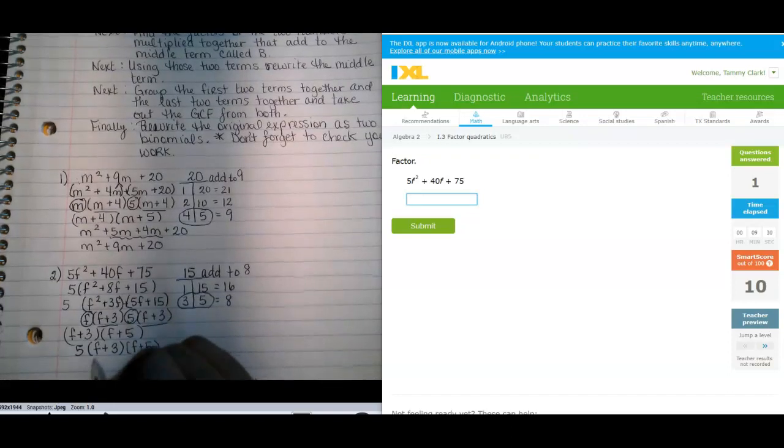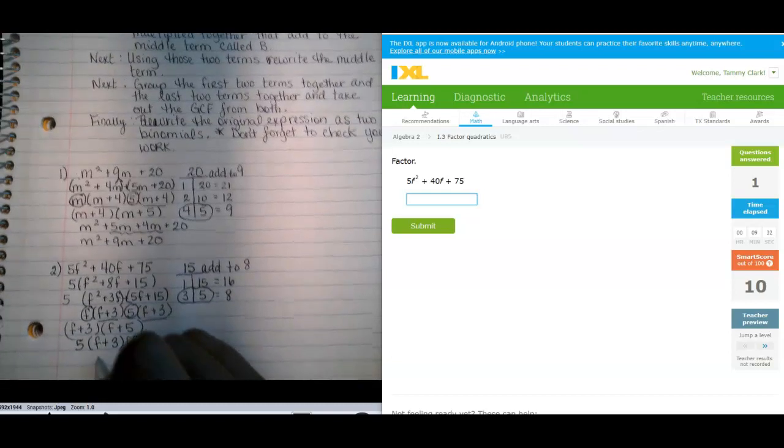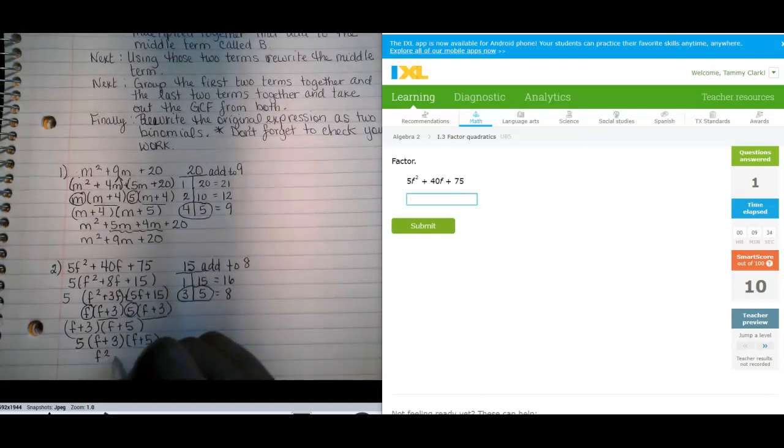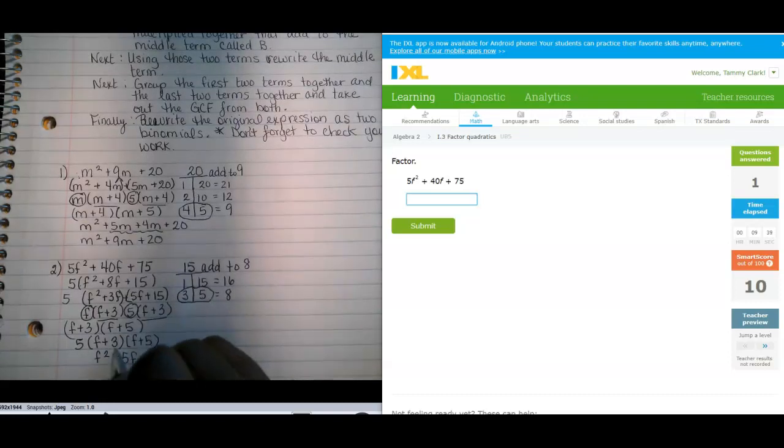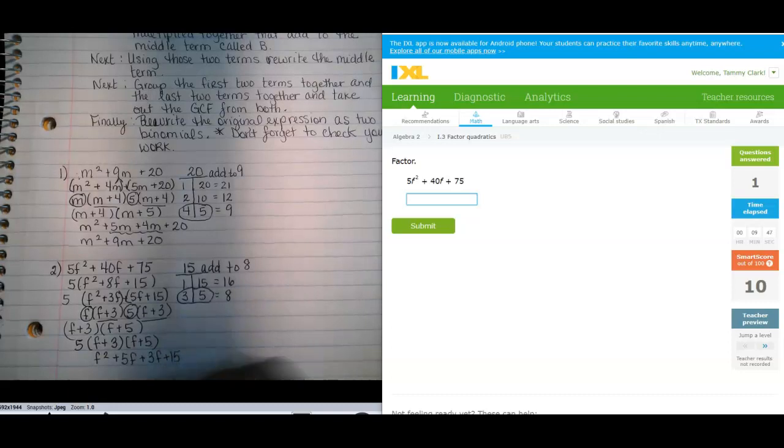So we've got f times f is f squared, plus f times 5 is 5f, plus 3 times f is 3f, plus 3 times 5 is 15. And outside of that, we'll put my 5.